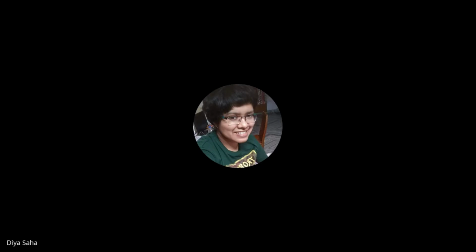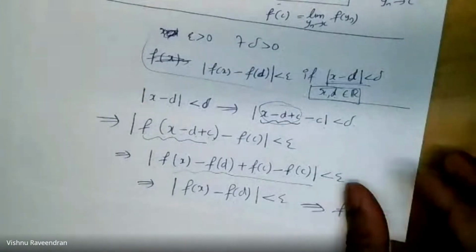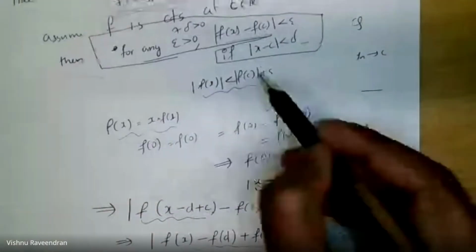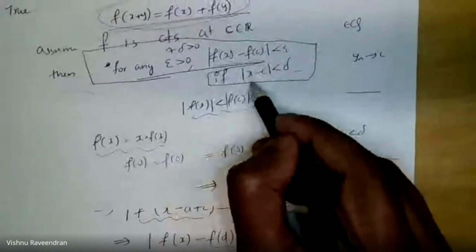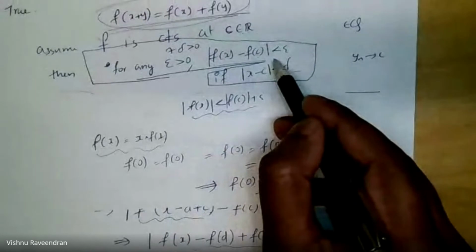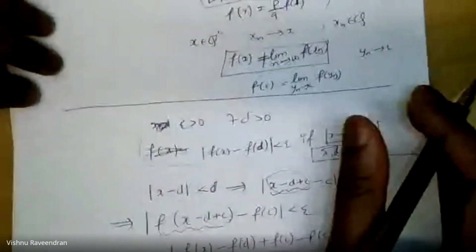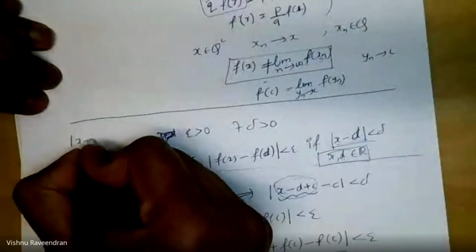But sir, here it is given that f is continuous at c. Yes, if it's continuous at c. So what I'm saying is that from the beginning we have this result only: if |x - c| < delta, then |f(x) - f(c)| < epsilon.